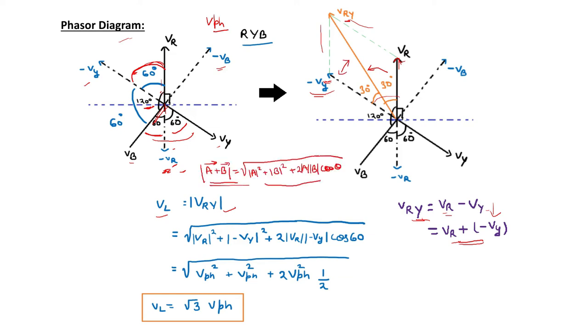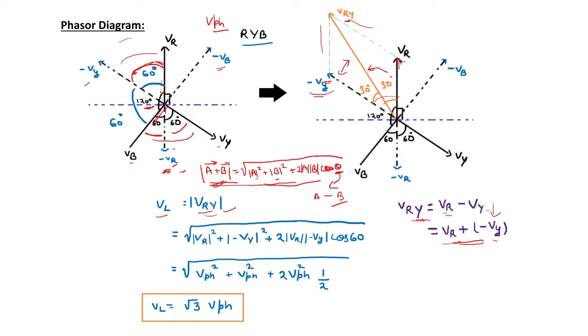And now this is the formula for vector addition. The magnitude of this vector sum is equal to the square root of the square of magnitude of A plus the square of magnitude of B plus 2 into magnitude of A into magnitude of B into cos theta, where theta is the angle between A and B. So VRY is the sum of VR and minus VY, and the angle between these two is 60 degrees.